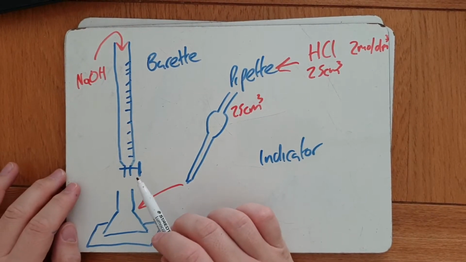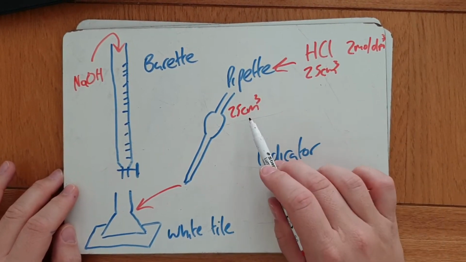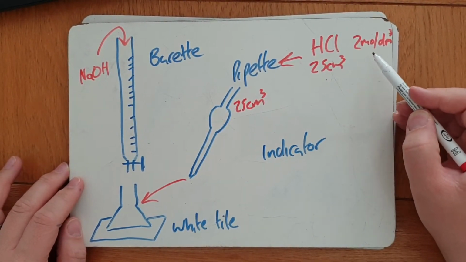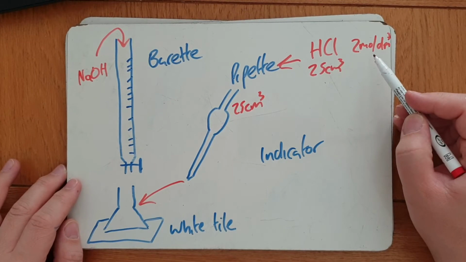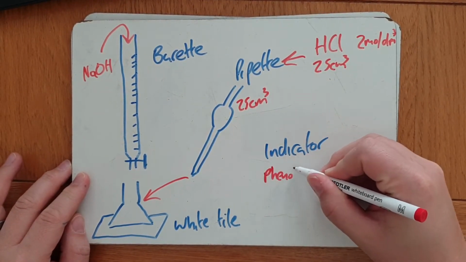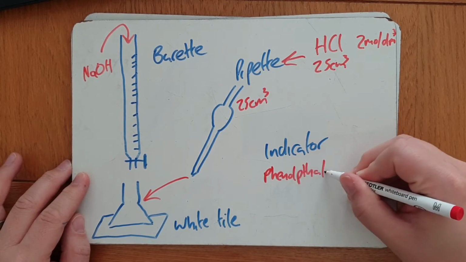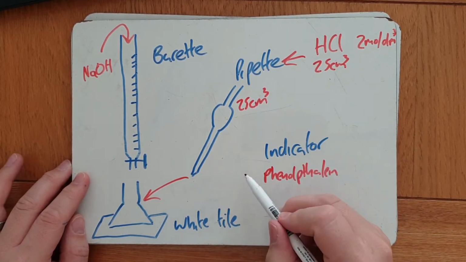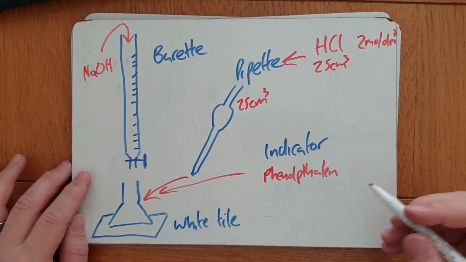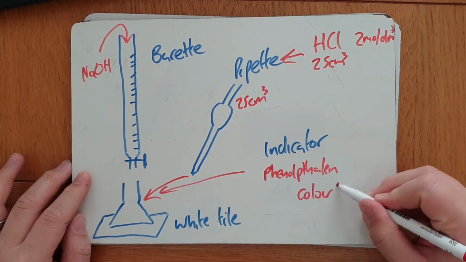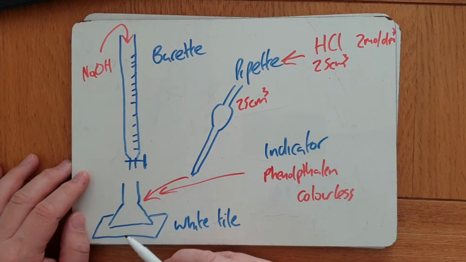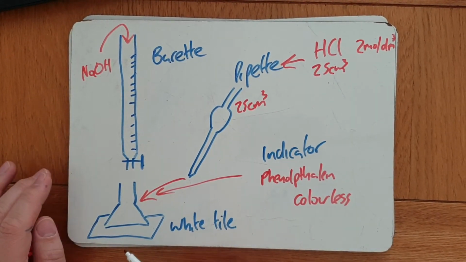We know exactly that we've got 25 centimeters cubed of HCl in here, and we know exactly what the concentration is. For the indicator, let's say we'll use phenolphthalein. So we've put the phenolphthalein in there too, and it's in an acid, so it will be totally colourless. That's the reason we put it on the white tile, so that if it does change colour, because it's against the white background, we can see it straight away.